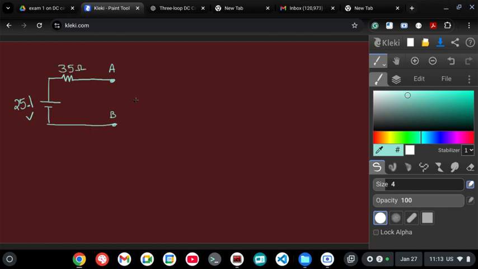Now this is the existing Thevenin's equivalent. Here I can connect any load resistance, and I can call it RL, whatever.